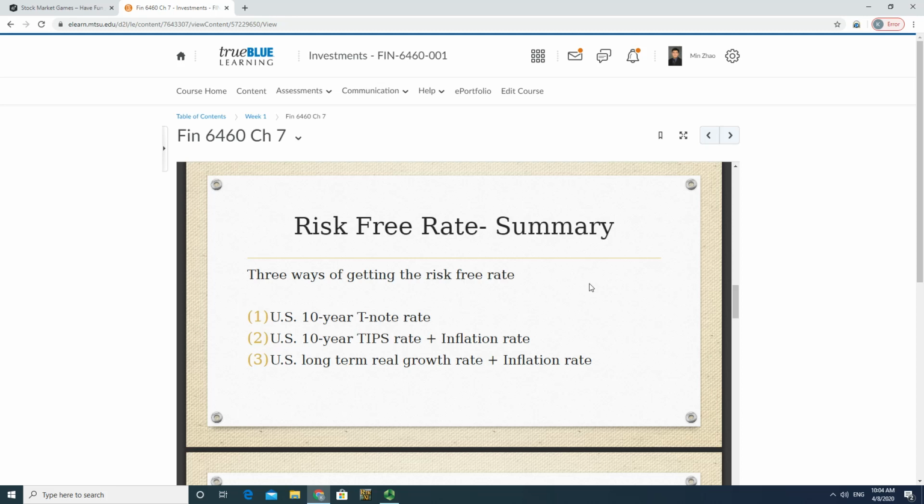Once again, they are the 10-year T-note rate, the 10-year TIPS rates plus inflation rate, and the long-term real growth rate plus inflation rate. From a professional's perspective, we really want to check all three numbers. And sometimes one of those numbers may be misrepresented in the financial market. That is okay, but if you can incorporate all three numbers, then what I can say is that your estimation for the risk-free rate is pretty good.